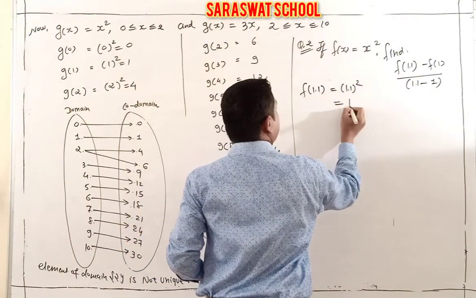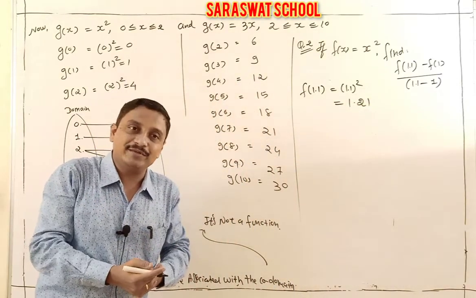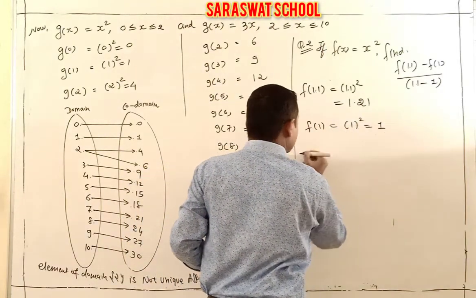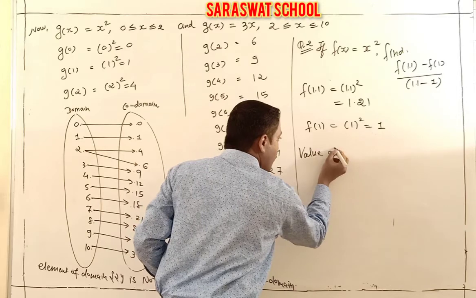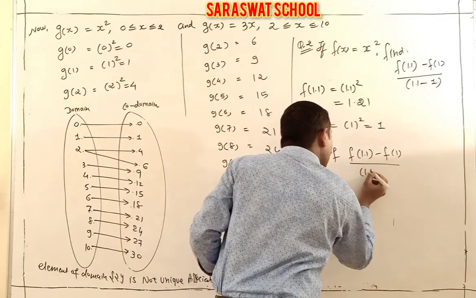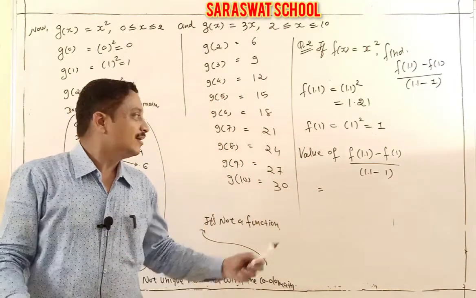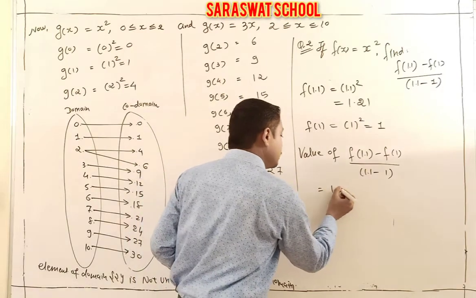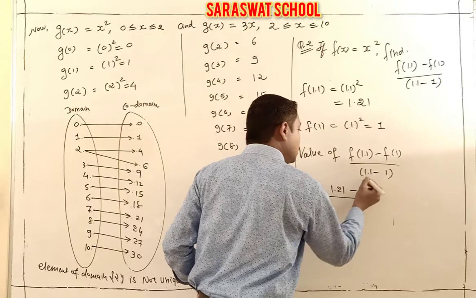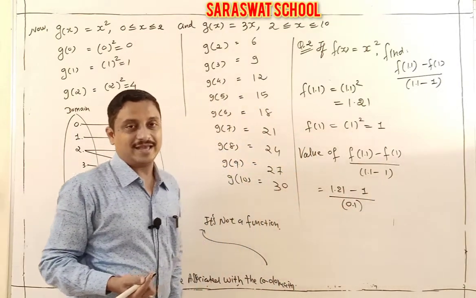1.1 square is 1.21. Yes, 11 square is 121. And what is f(1)? It is also 1. So the value of f(1.1) minus f(1) upon 1.1 minus 1: very easy numerical. Apply the value. It is 1.21 minus f(1), which is 1, upon 1.1 minus 1, which is 0.1.